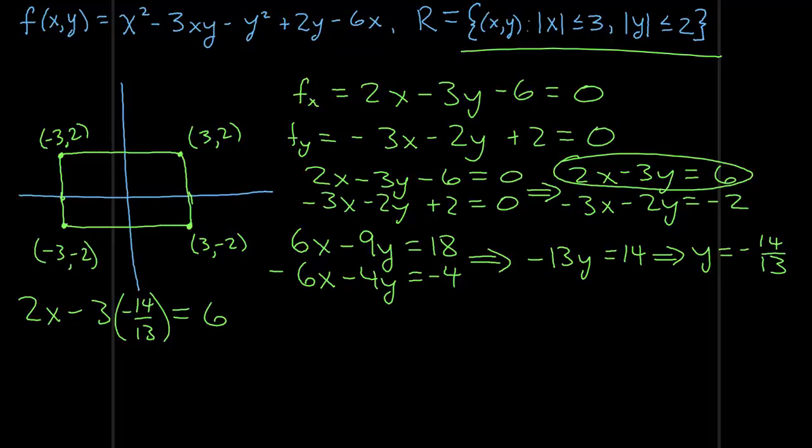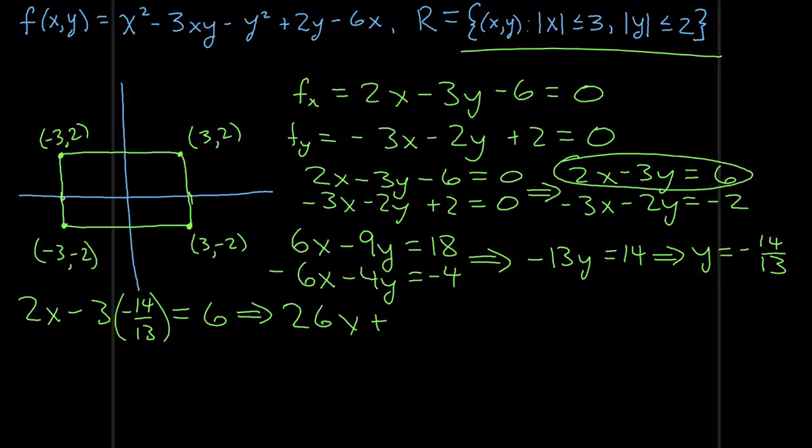Now, these two negatives will make a positive. Let me go ahead and clear this 13 out. So I've got 26x plus 3 times 14.